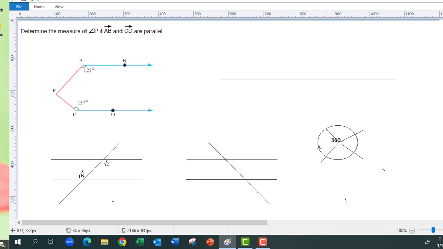All those angles have to add up to 360 degrees. So in a few minutes, we'll need to use this concept as well as this alternate interior angle concept.